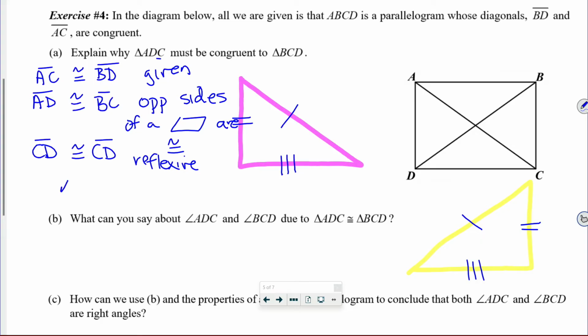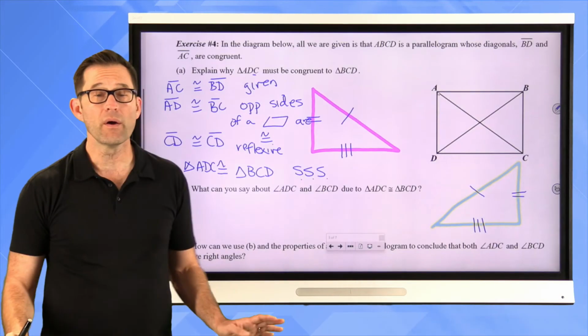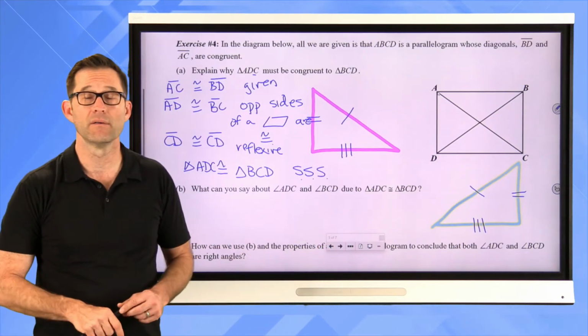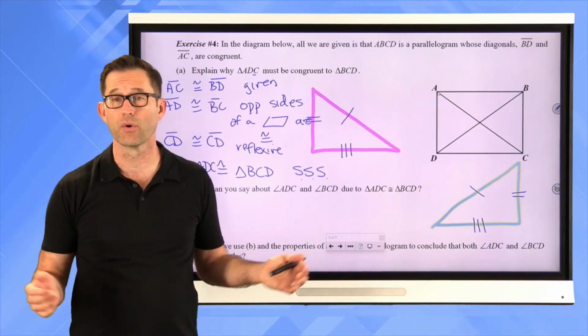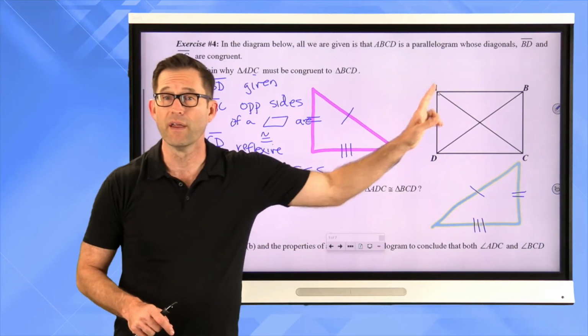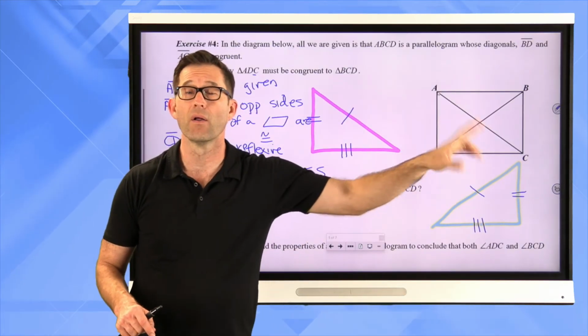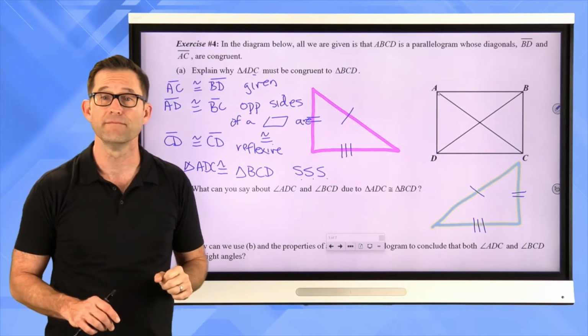And therefore, triangle ADC is congruent to triangle BCD by side, side, side. All right, so, if I'm told that I've got a parallelogram whose diagonals are congruent, then I can prove that this triangle and this triangle are congruent by side, side, side.